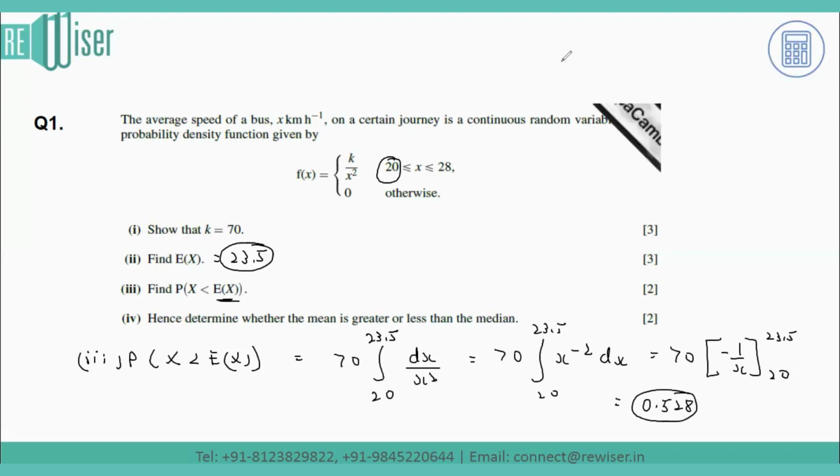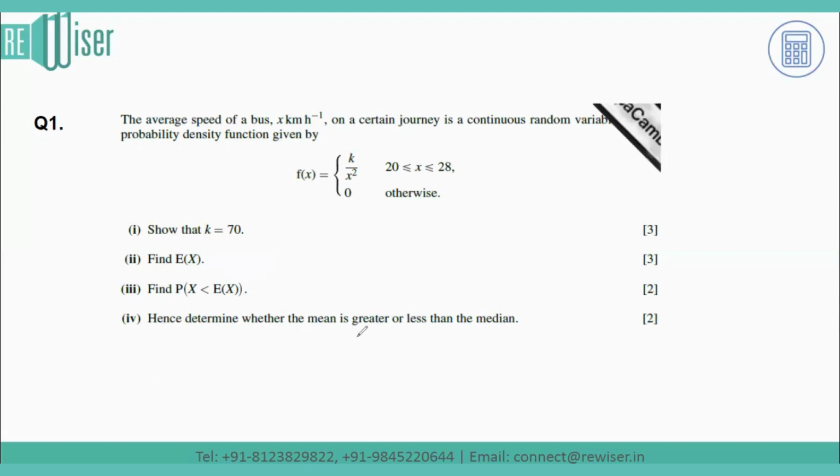Now moving on to the fourth part of the question, it says hence determine whether the mean is greater than or less than the median. The median value is 0.5, that's the middlemost value. Now we have calculated the probability of a random variable X less than the mean, less than the expected value, as 0.528.